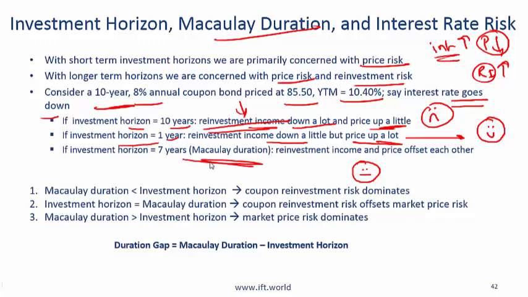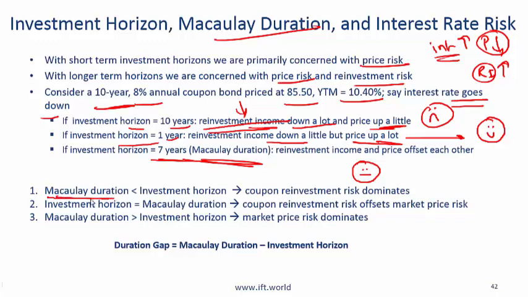So on this bond, if you calculate the Macaulay duration, you will come up with a number of 7. If your investment horizon is 7 years, then the change in price and the change in the reinvestment income offset each other. So that is another interpretation of Macaulay.